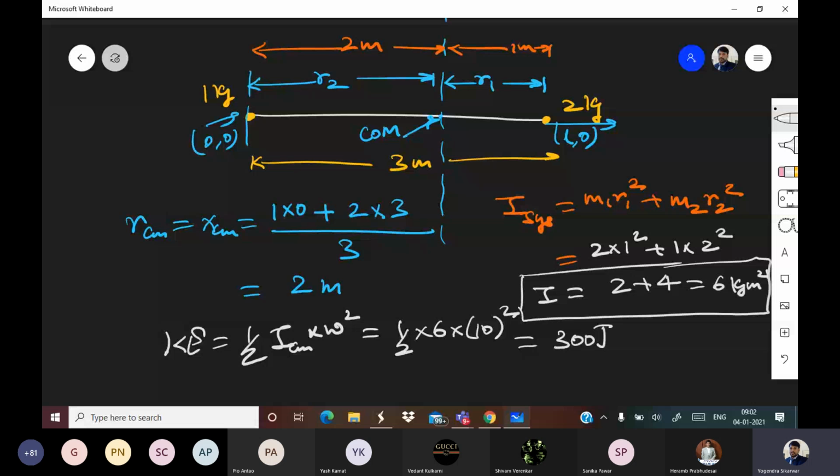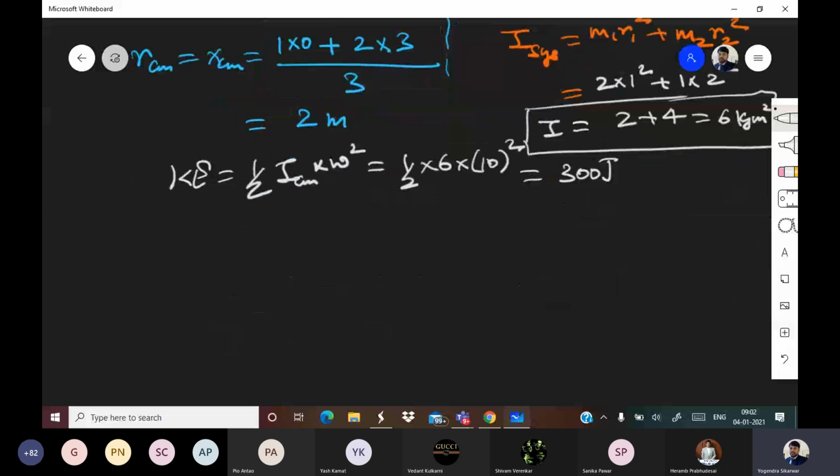Whichever are the corrections, remind me after the class, so that I can inform them and they can make necessary corrections. Okay, next question. Sakshi, what was your answer in this question? Okay, okay.